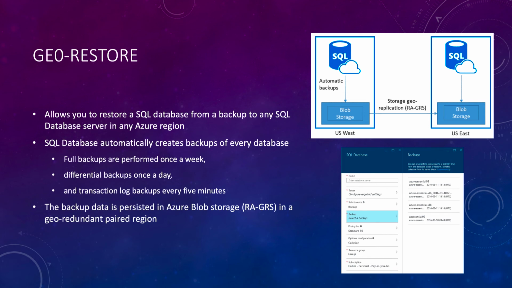Complete the remaining sections by entering the desired new database name, target server, either selecting an existing one or creating a new one, resource group, and other information, and when you click on create, your backup will be restored to this new database that you just chose.